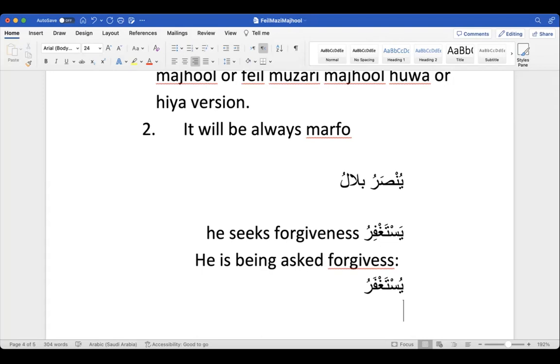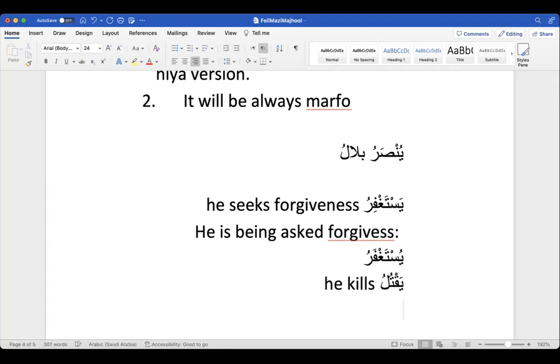So let me give you one more example. For example, if you say yaktulu, katala means to kill. So yaktulu is a huwa version, fail muzari. He kills. If you say he is being killed, how will you say?